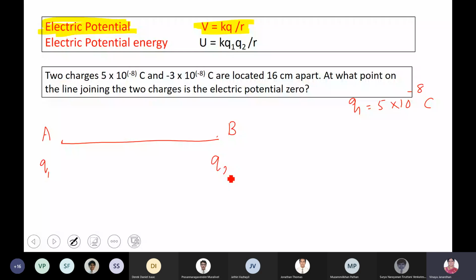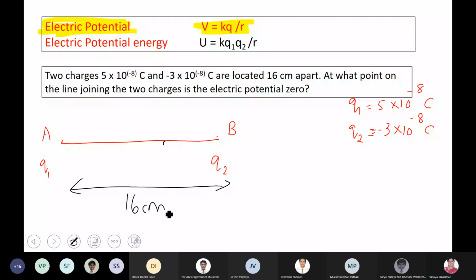At what point on the line joining the two charges is the electric potential 0? Let me consider a point P on the line AB where the electric potential due to charge Q1 and due to the charge Q2 is 0. Is that clear?